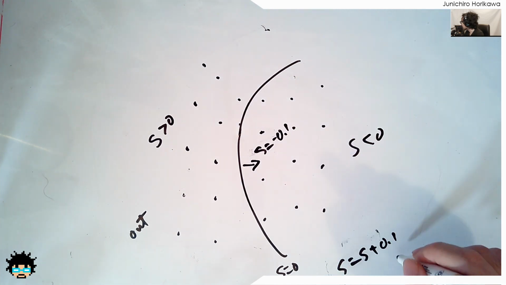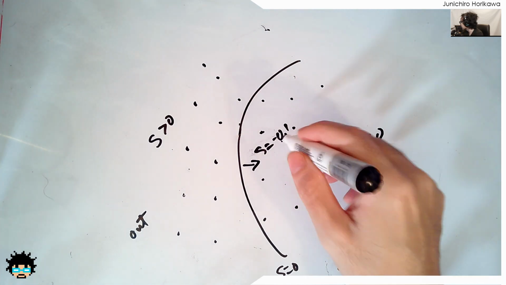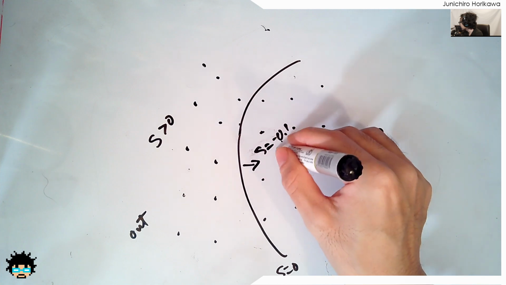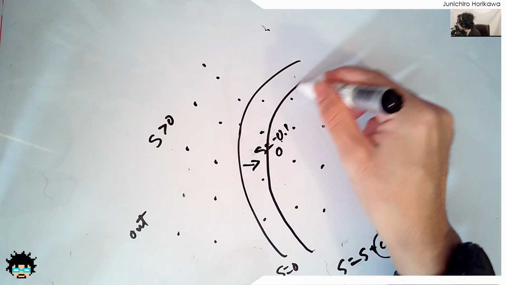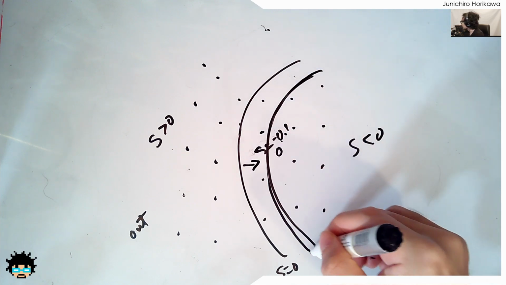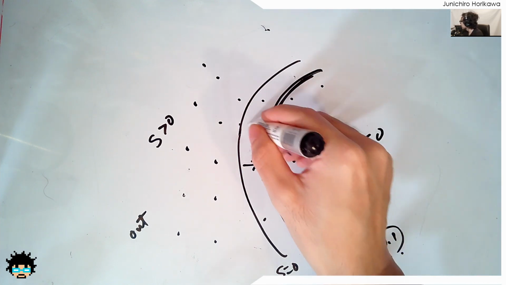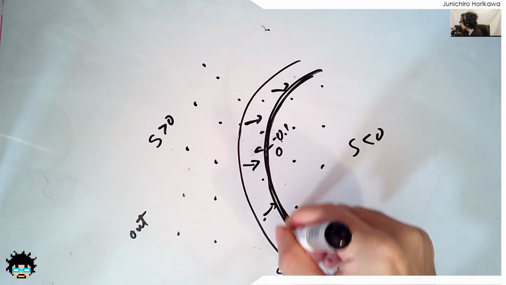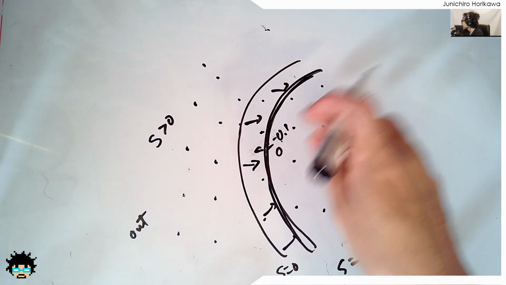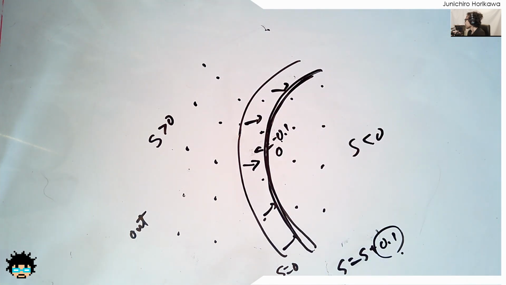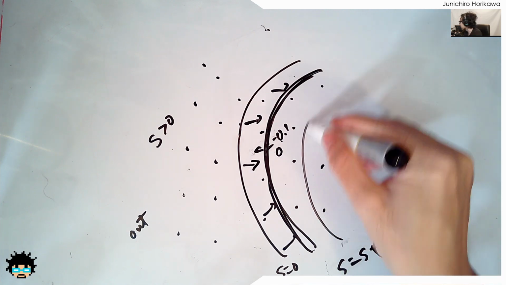If you add 0.1 to this one, then this value becomes 0, meaning the border of the surface is going to be offsetted like this. As a result, the geometry shrinks, the surface shrinks toward the center of the geometry. So the more value you add, the more shrink you get.